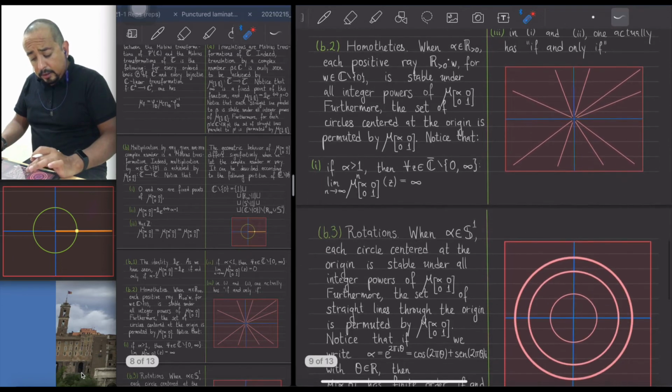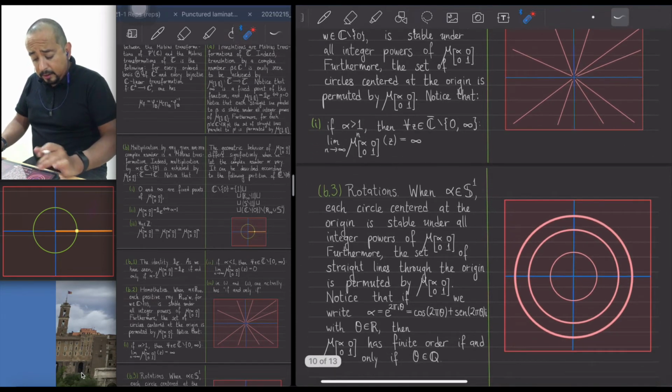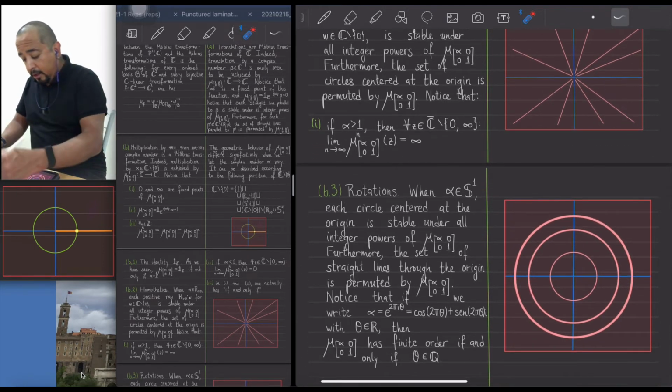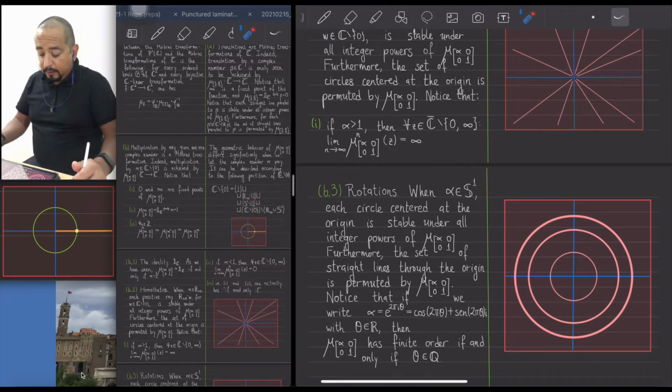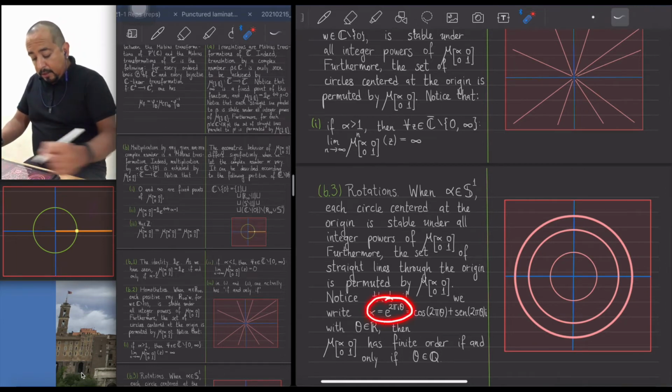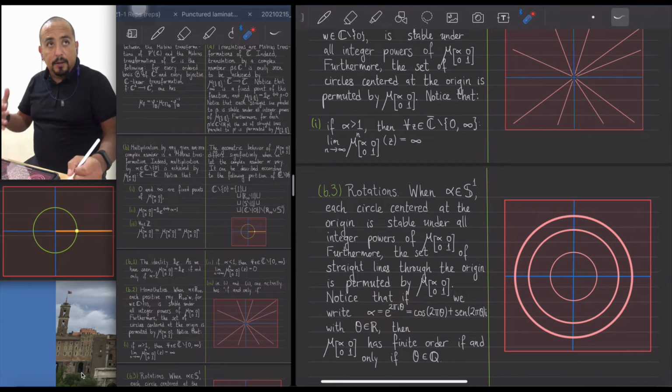Okay, so let's move on to the next possibility for alpha, which is when we take it in the circle, and of course different from 1. In that case, multiplying by alpha is a rotation. If we write alpha in polar form, then multiplication by alpha is rotation by the argument of alpha.